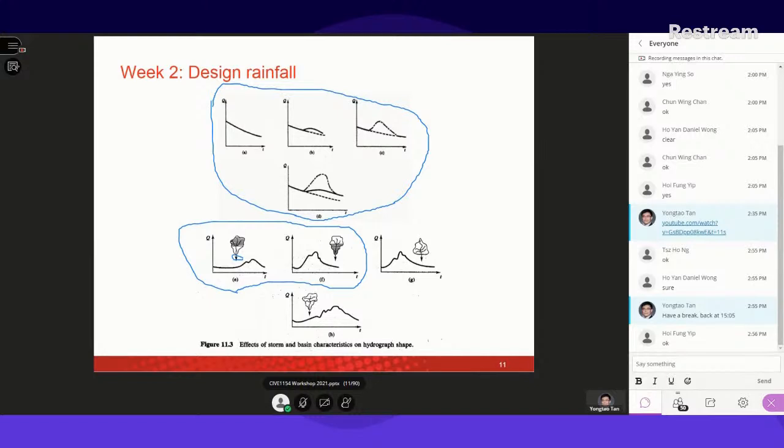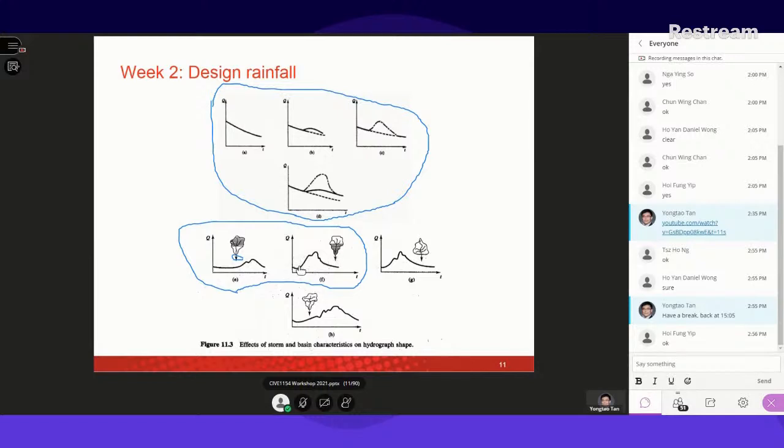Now for F, you can see the location of the storm is different. The storm is located very near the outlet of the basin.